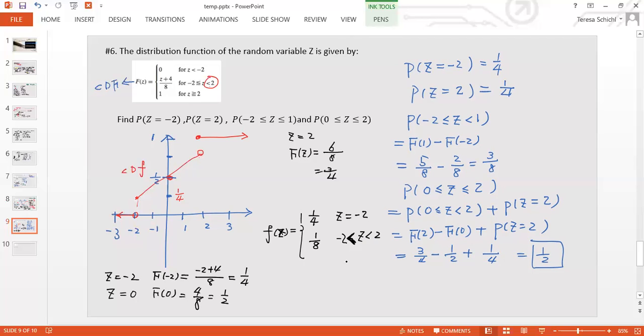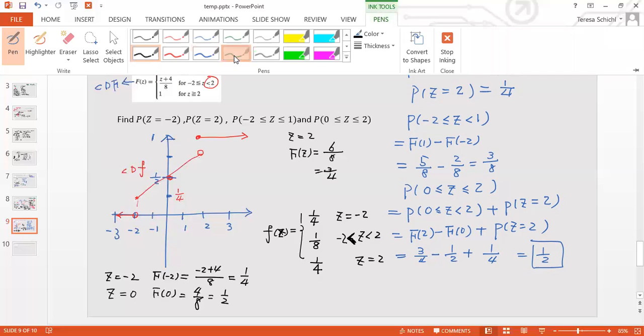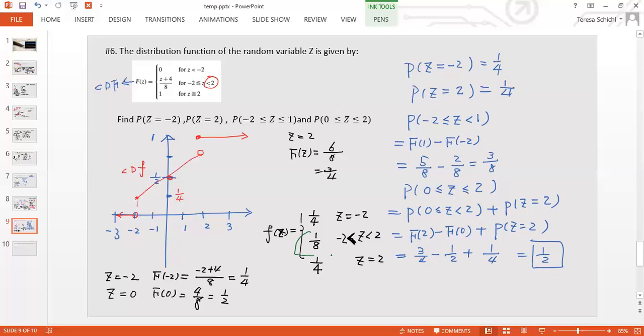And now the next one is when z is equal to +2. So it's equal to another 1/4. As you can see, this part is the continuous one, and these two are the discrete ones. So this is the combination of continuous random variable and discrete random variable.